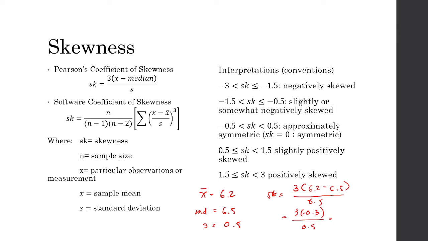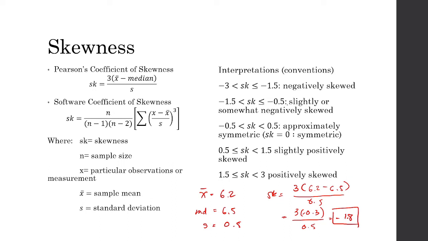Then negative 0.9 divided by 0.5 will be 1 point something. So we have 3 times negative 0.3 divided by 0.5. So that will be 1.8 or negative 1.8. Okay? So having negative 1.8, okay?